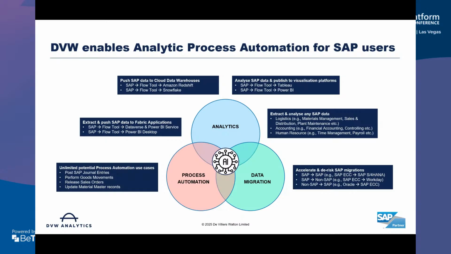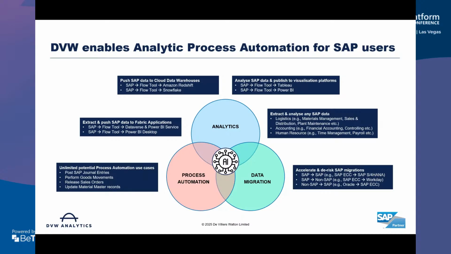We've also, down the bottom right there, just to mention, got an ongoing build of projects where we are assisting, accelerating and indeed de-risking SAP migrations, whether it be the classic migration at the moment, which is ECC to S/4HANA. Lots of those going on.